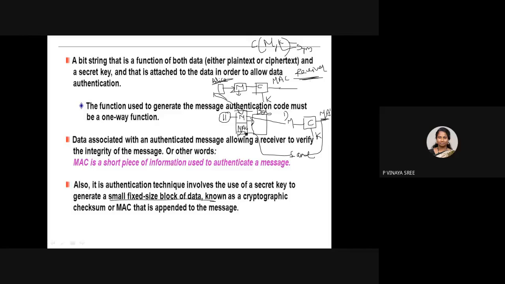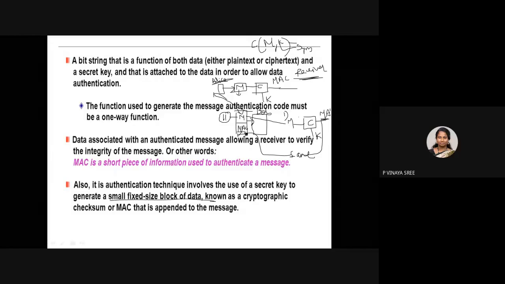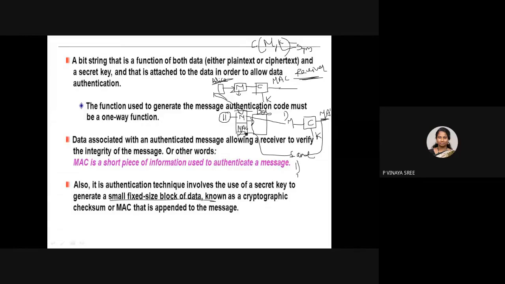Okay, so understood. First, Bob identifies that the message is altered. That means among the two, one is completed. The second one is completed. What? The message has been modified, so the MAC generated by the receiver and the MAC generated by Alice are not matching.